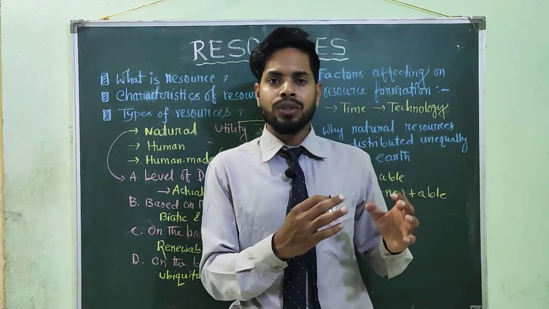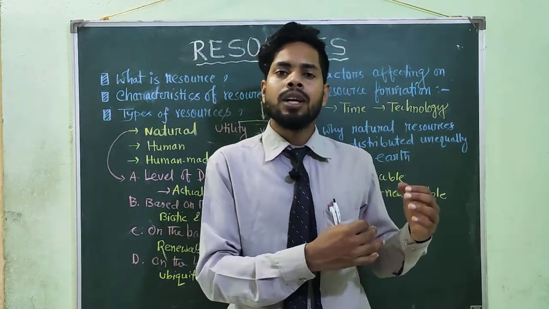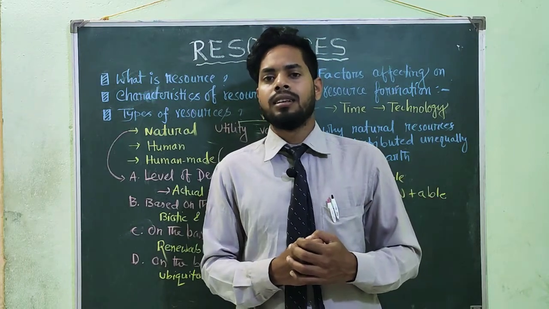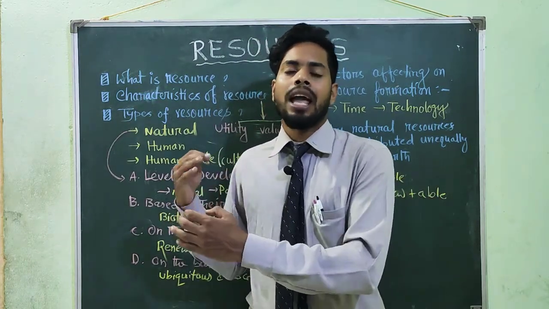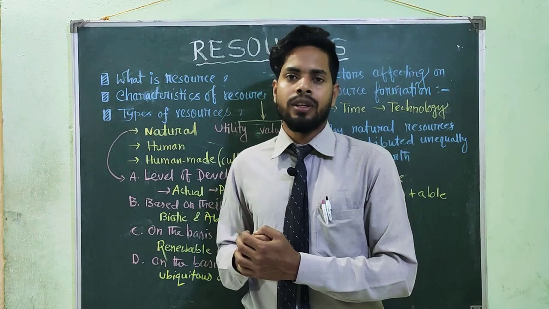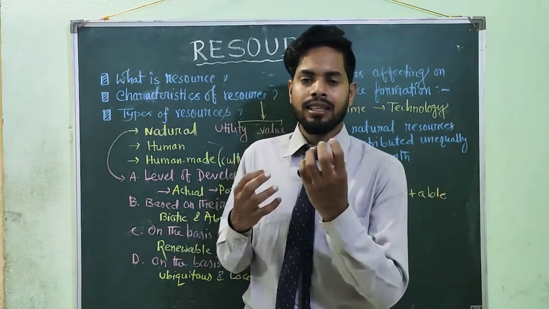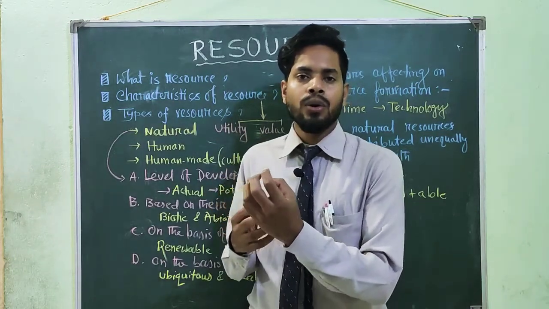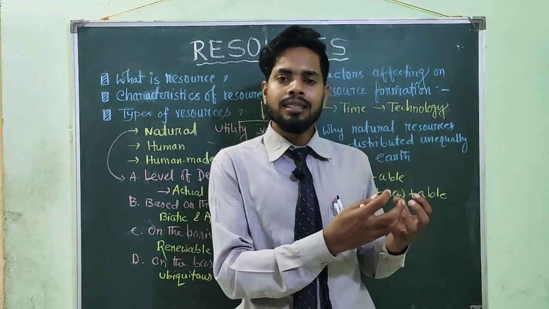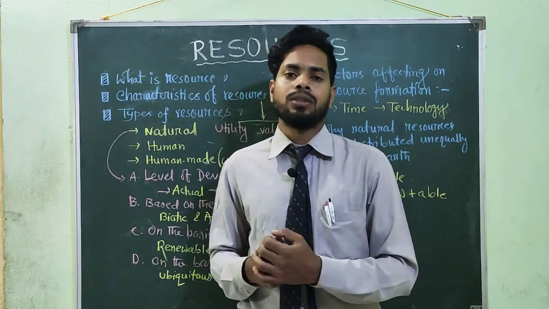And some resources we obtain from non-living things. These are referred to as abiotic resources. When we get from living things, it is known as a biotic resource. When we get from non-living things, it is known as an abiotic resource.